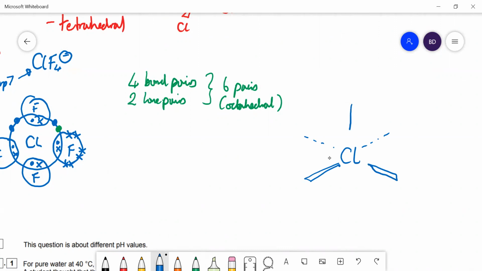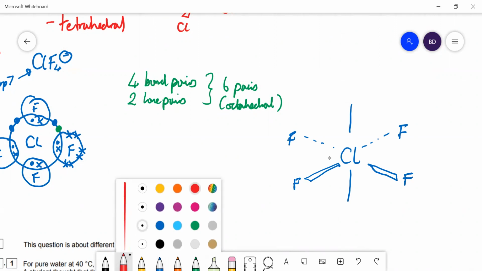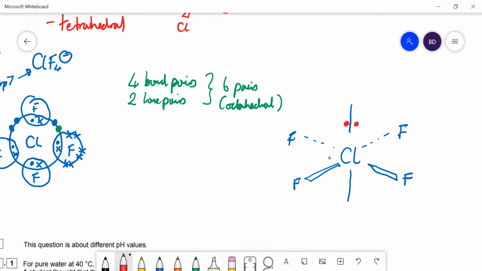And then you have 1 sticking up and 1 sticking down. Now, I'm going to put my fluorines here. So that means we're going to have 2 lone pairs, 1 there and 1 there. Now, that's good for the shape. So we would call that shape square planar.